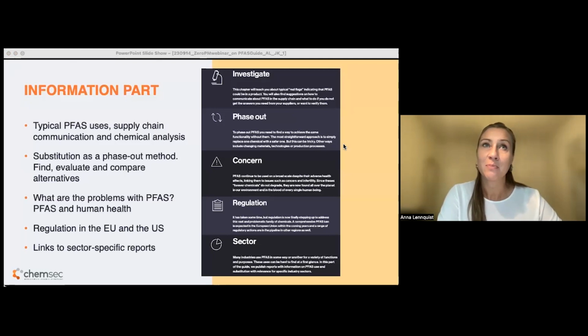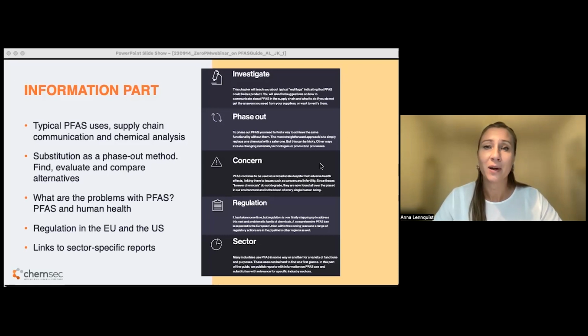So for PFAS, it's basically only PFOA and PFOS that have been regulated so far. So if you're asking for further information than that, you have to be able to explain why you want this, why it's important, and what kind of information. So we also have a supply chain questionnaire that you can send to your supplier that explains these different things, and also how you would like the response back to be, like what kind of information is really what you're looking for.